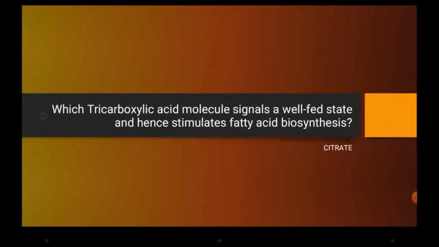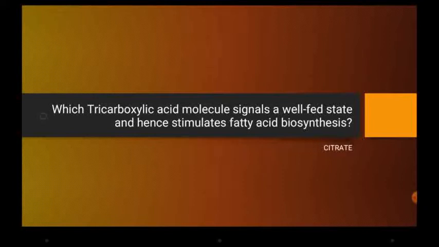But acetyl coenzyme A produced in the mitochondria does not diffuse readily into the extramitochondrial cytoplasm or cytosol, which is the site for fatty acid biosynthesis. Now what happens?